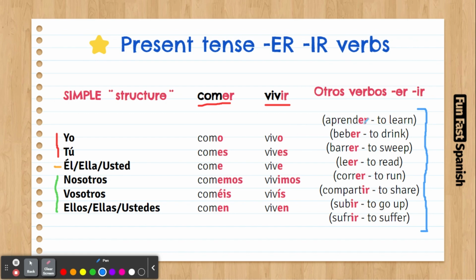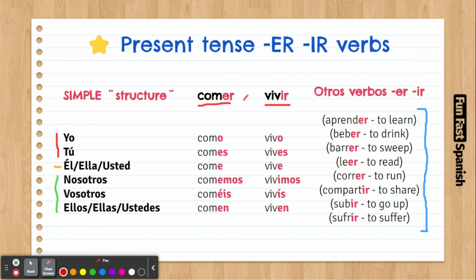Aprender, beber, barrer, leer, correr, compartir, subir, sufrir. So with comer, typical example, comer is to eat. People love eating, so it's really important that you nail and use this verb a lot, right?